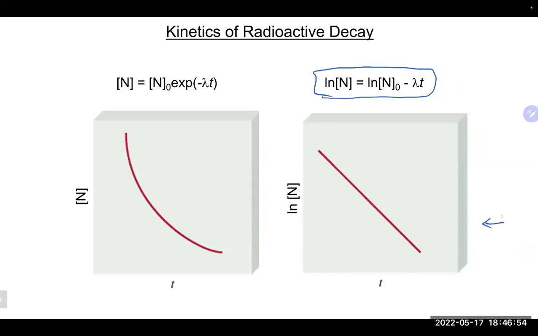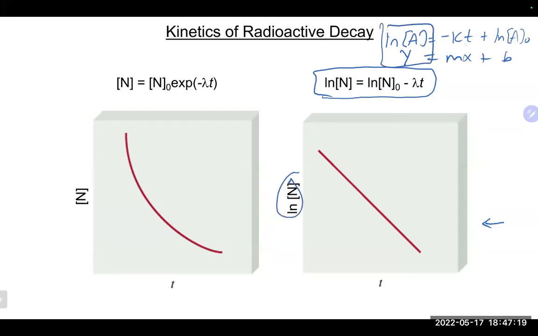As you might remember, you can rearrange this equation where the natural log of A is equal to minus KT plus the natural log of A naught, and that is Y equals MX plus B. It will give you basically a straight line plot where on the Y is the natural log of the concentration, and on the X is time. If you take the slope, it is equal to minus the decay constant or the rate constant in this particular equation.